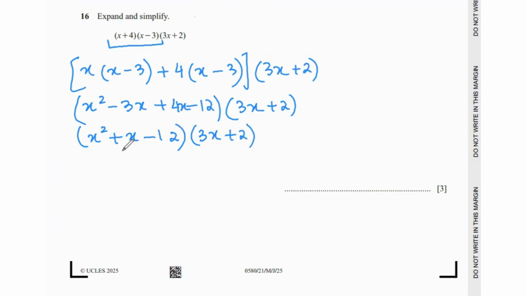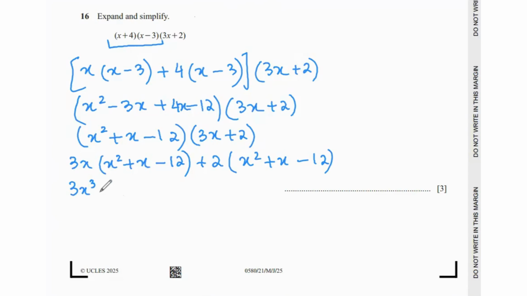Now we multiply these two brackets. So 3x times x squared plus x minus 12, and plus 2 times x squared plus x minus 12. 3x cubed plus 3x squared minus 36x plus 2x squared plus 2x minus 24.